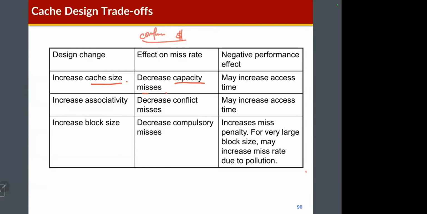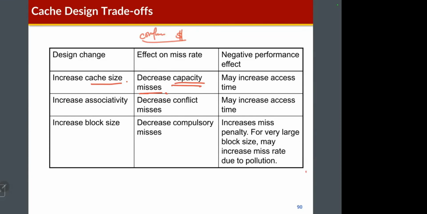So we cannot avoid cold misses with a larger cache, but we can reduce capacity misses. This is the advantage of a large cache.